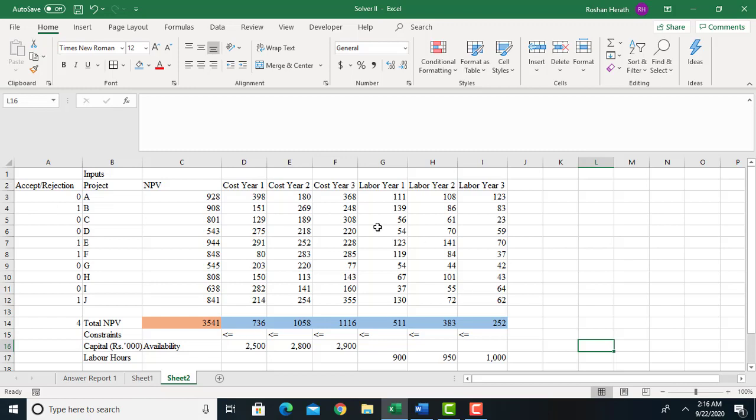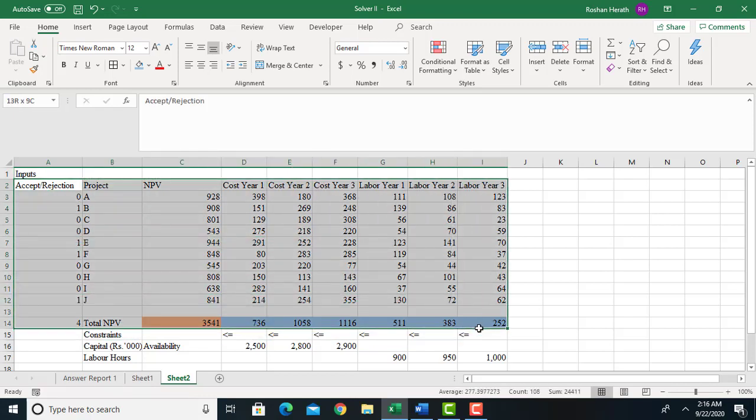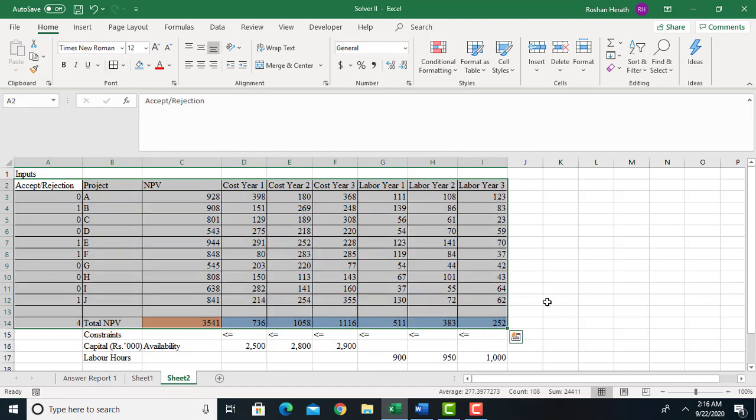When you are given a question of this nature, you definitely have to take this acceptance and rejection, and always go by ones and zeros. This is new to you since this is the first question, but you need to get used to this.